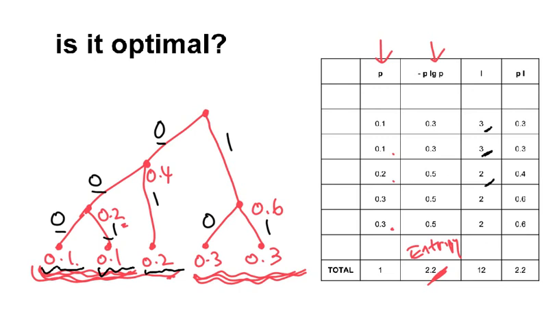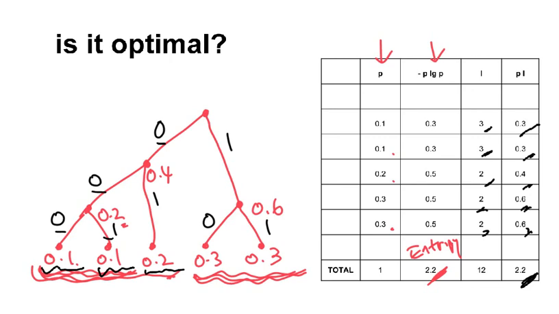Proceeding in the same manner, we have all these values, right? And given the length, we can calculate the probability times the length. So we have all these values, and given all this, we can calculate the average length, and this is what we have. The average length is 2.2. Can you understand this?